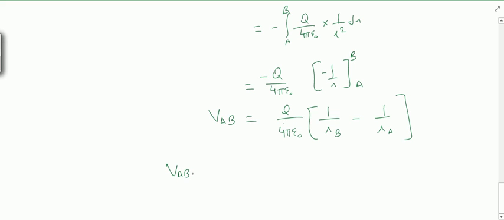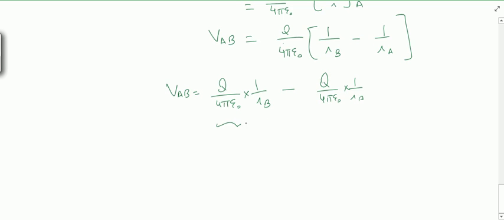Now this can also be written as q by 4 pi epsilon naught 1 by RB minus q by 4 pi epsilon naught 1 by RA. Here, q by 4 pi epsilon naught 1 by RB can be said to be VB, and this can be said to be VA.